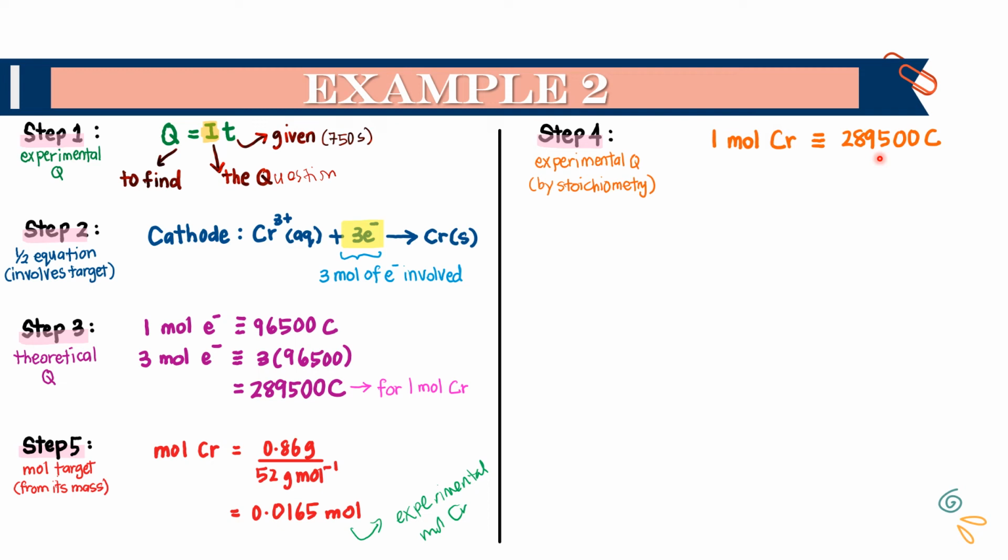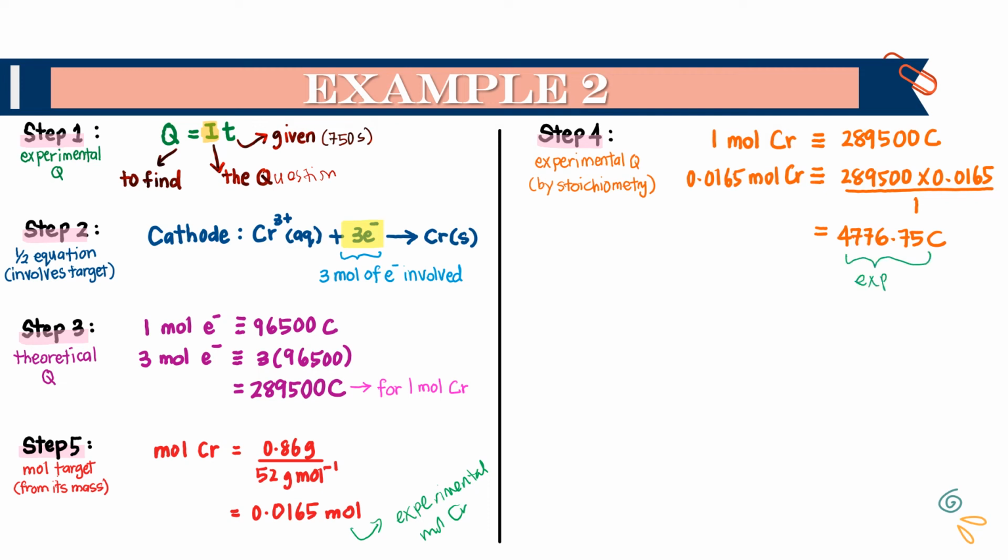Kita nak cari charge, so yang kita nak cari letak sebelah kanan. Okay, jadi if we have 0.0165 mole of chromium, berapa coulomb of charge yang akan digunakan? Okay, jadi, awak buatlah stoichiometry and you will get the answer as 4776.75 coulomb of charge.